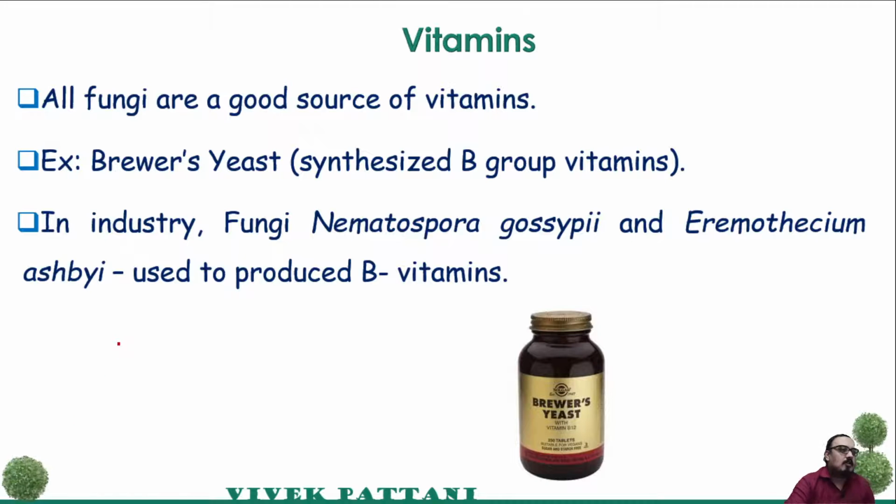Most of the fungi are also a good source of vitamins. An example is brewer's yeast, which synthesizes the B group vitamins, and in industry the fungi Nematospora gossypii and Eremothecium ashbyii are used to produce B vitamins.